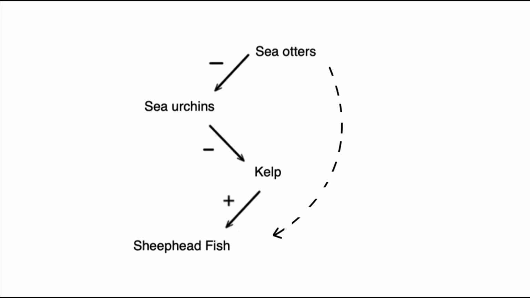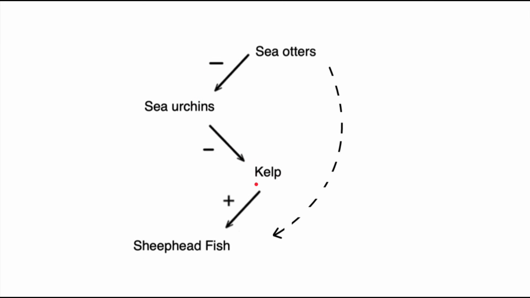So now let's take a look at this one, okay? Back to the sea otters. Sea otters have a negative direct effect on urchins. They eat them. So more otters, less urchins. Less urchins means there's more kelp, since urchins eat kelp, and that's why having otters is important, because more otters means there's more kelp.